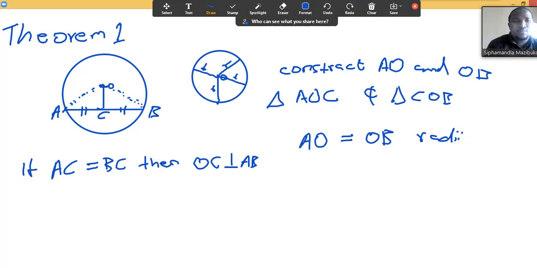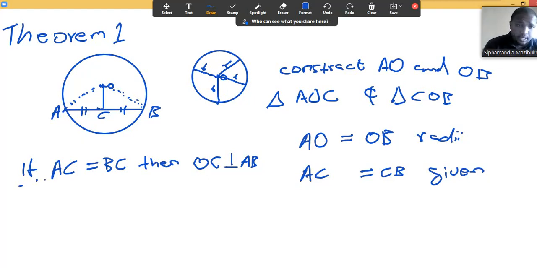Let's look at the second point. We can say AC is equal to CB, or BC, it will be the same. The reasoning for this one will be given, because this is given in the statement, because we're saying if, so that is given.